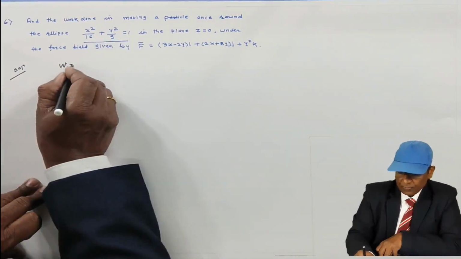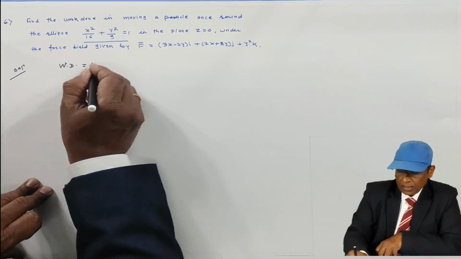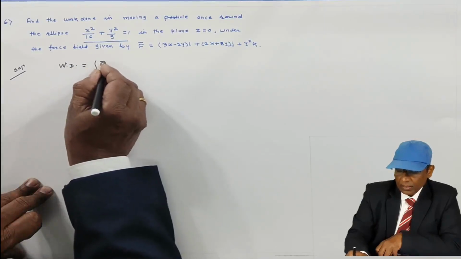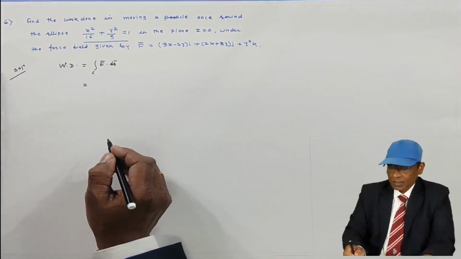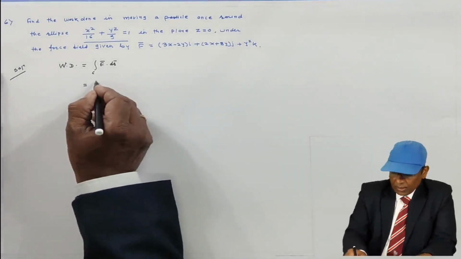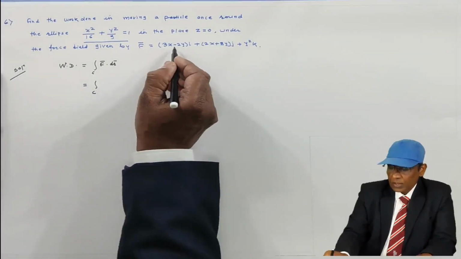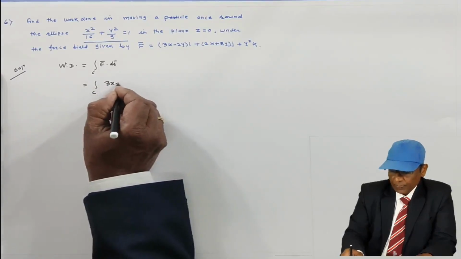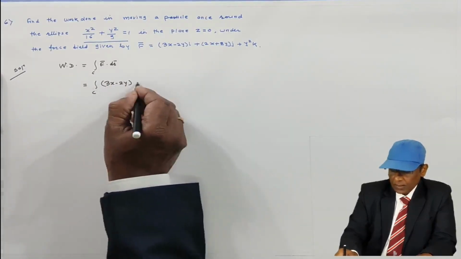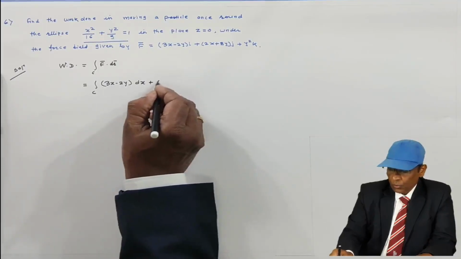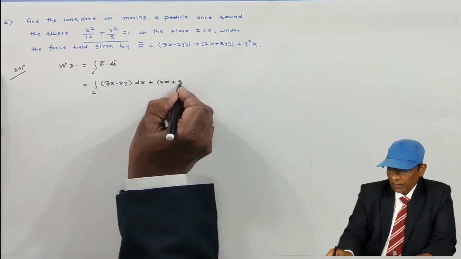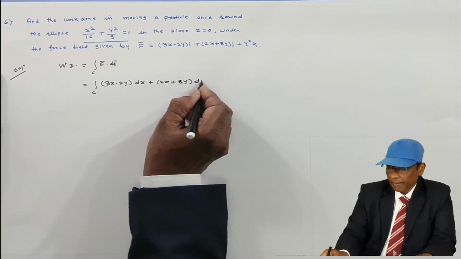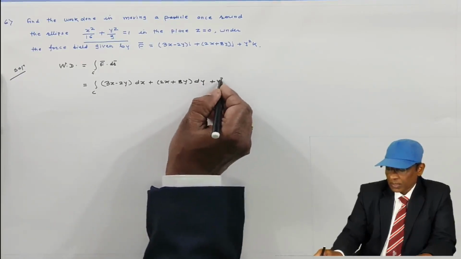The work done is the integral of F dot dr, and as we discussed, F dot dr is (3x minus 2y) dx plus (2x plus 8y) dy plus y square dz.